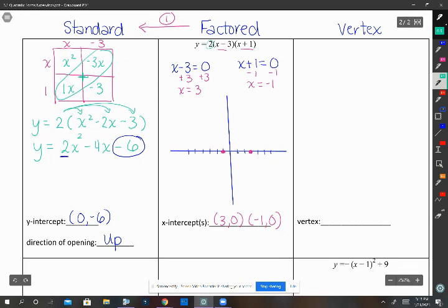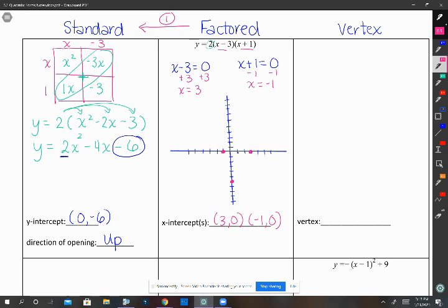I could graph the point 0, -6. So 1, 2, 3, 4, 5, 6. And we do know that it opens up, but we don't know where the vertex is. So we don't know where that lowest point is or highest point. Or we're going to assume it's a lowest point because the y-intercept is below.